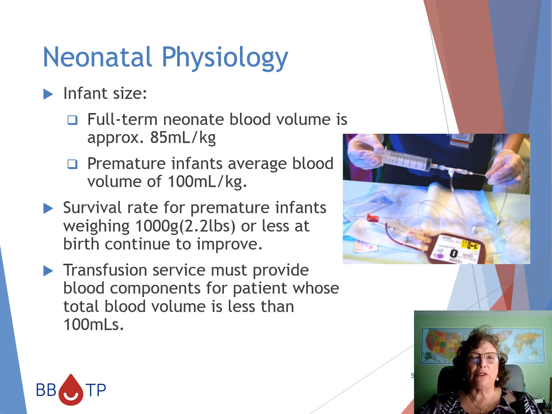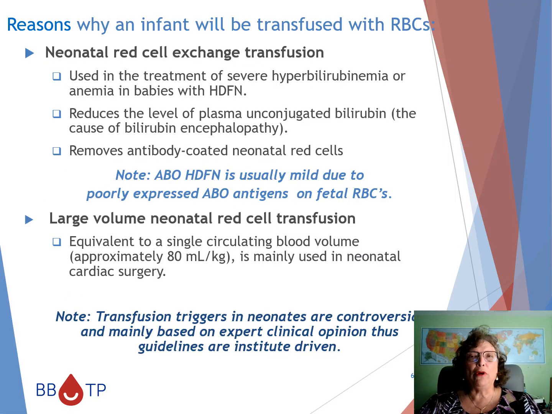As you can imagine, with the advancements of science over these past several years, the survival rate for premature infants, that is, those that weigh less than 2.2 pounds, has been improving significantly. So it has brought in new territory as to how we should transfuse these patients. So we're looking at patients whose blood volume is less than 100 mLs, and we're trying to figure out how do we transfuse them.